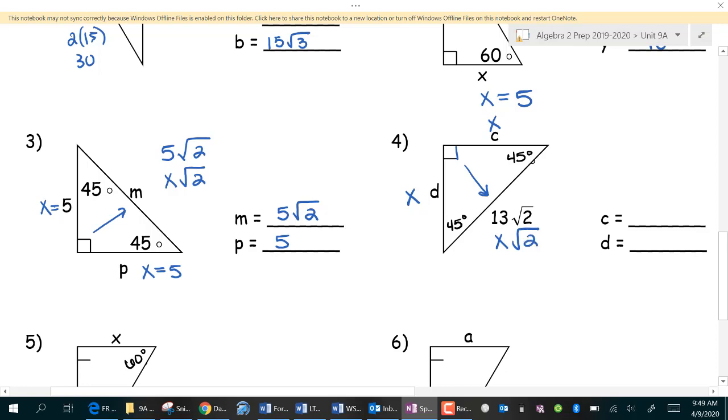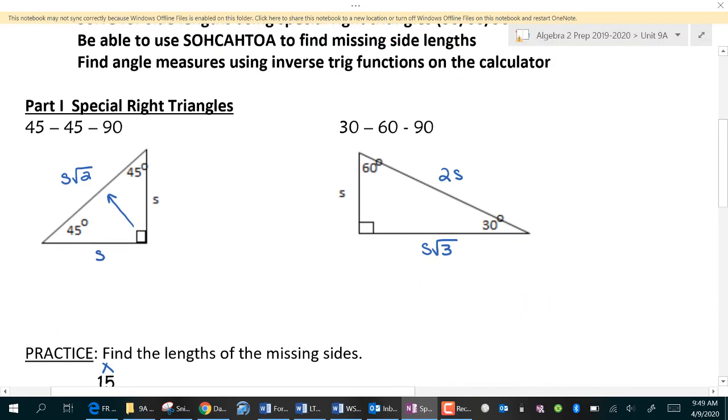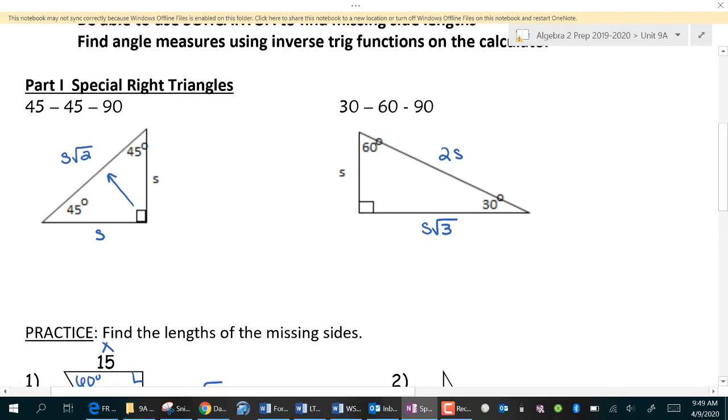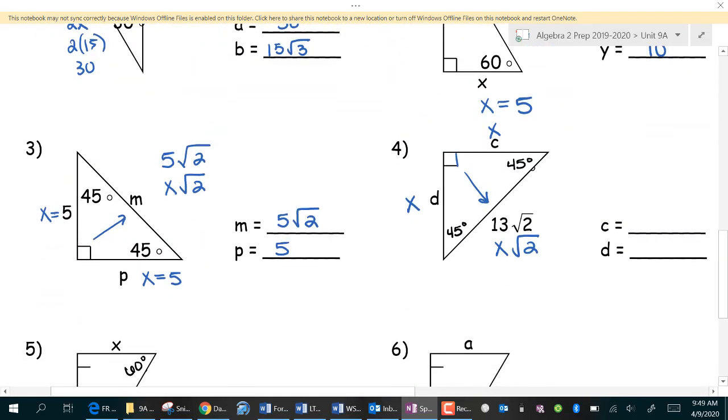And I'm getting these labels, again, going back up to the triangles we did at the very beginning. So here I used S for a side, but you could also use X just because we're kind of used to using X as the variable. So if 13 root 2 has to equal X root 2, that means that 13 is equal to X. So both sides C and D are both 13.